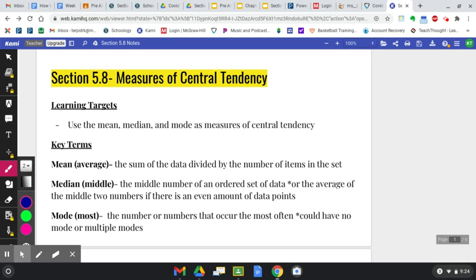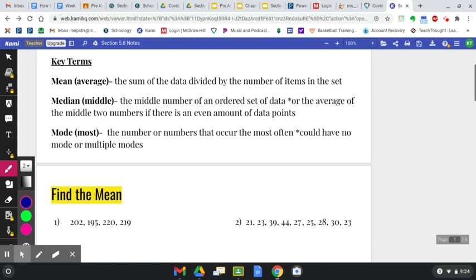Try to understand that, because a lot of times you hear data that's given, it'll say the median home price, or the mean income for a certain area. And so understanding what those terms mean allows you to understand what that data is actually saying.